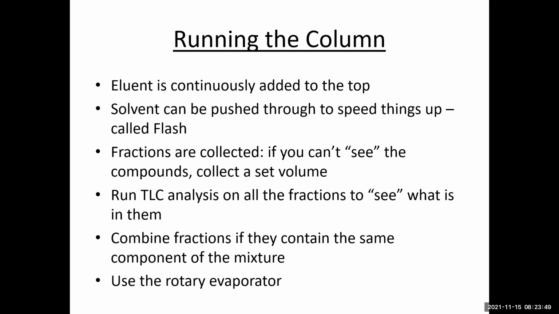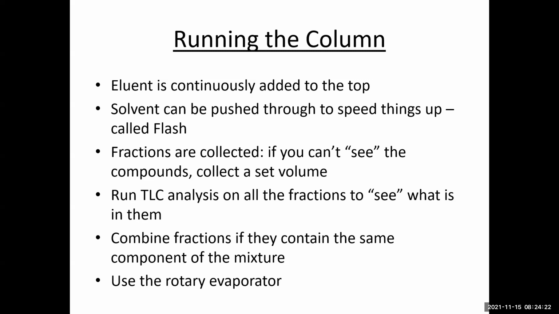If you have two compounds and one's orange and one's blue, that's not a very common situation, but it's possible. Then you could watch the orange compound move through the column and eventually come out the bottom, and collect that all in one giant Erlenmeyer flask. Then you can change to a different Erlenmeyer flask and use a different solvent to push the blue compound through, and collect that in another giant Erlenmeyer flask.